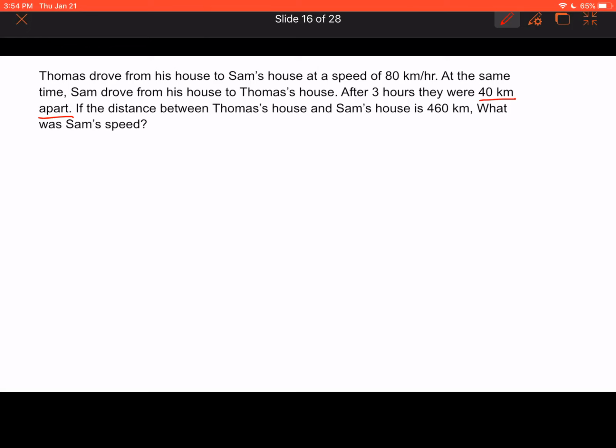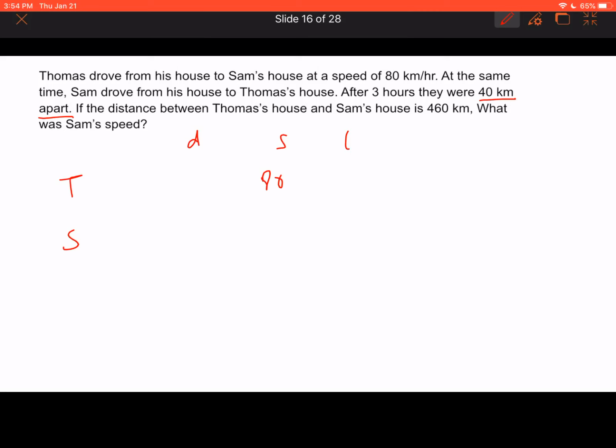So Thomas, okay, and then Sam. Thomas is traveling at 80 km per hour. At the same time Sam drove.